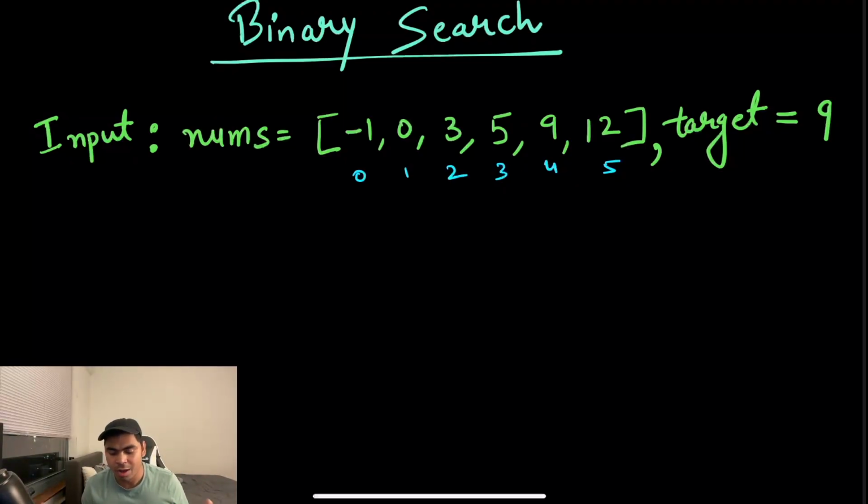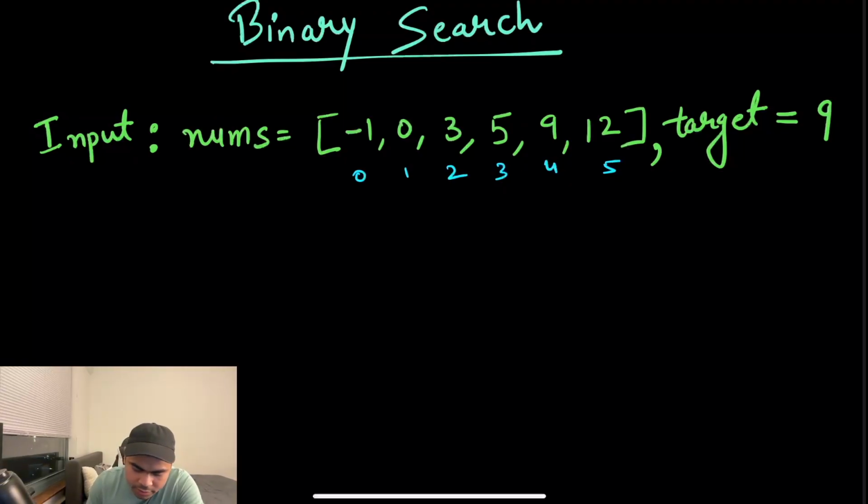But how about we use the property that this array is sorted to cut down our input size? That's what's going to happen using binary search.